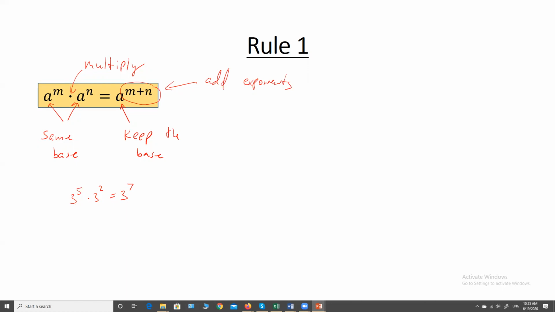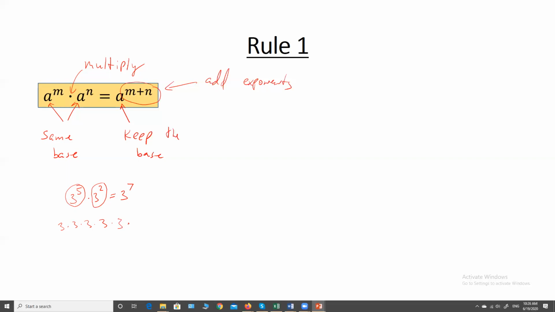Now, this is something that you can take as a rule, but what you can also do is use the fact that we can rewrite each exponential expression as repeated multiplication to see exactly why the rule is true. When you have 3 to the 5th power, what you're doing is you're multiplying 5 threes.